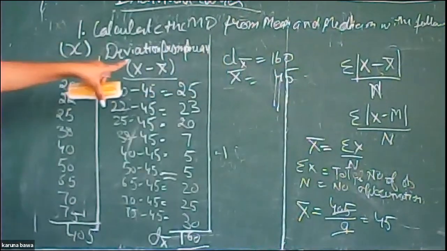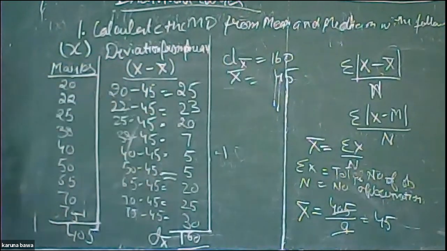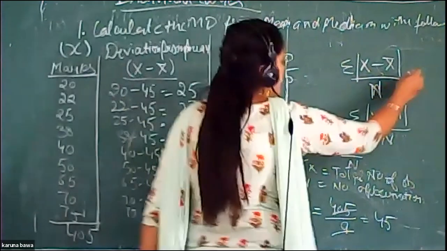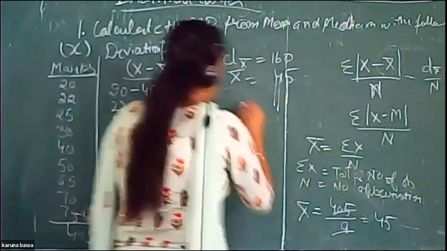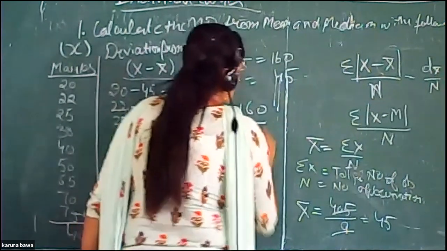The deviation from mean is 160, the mean is 45, and the number of observations is 9.